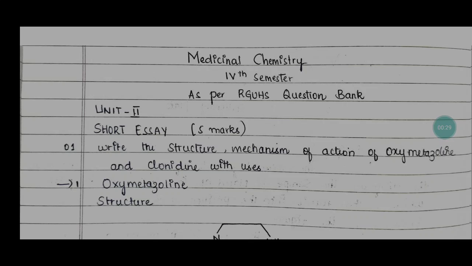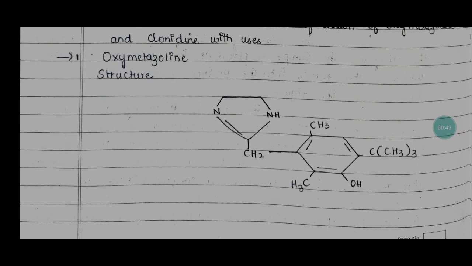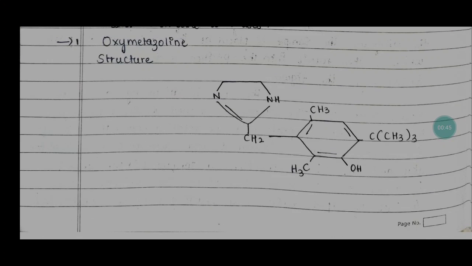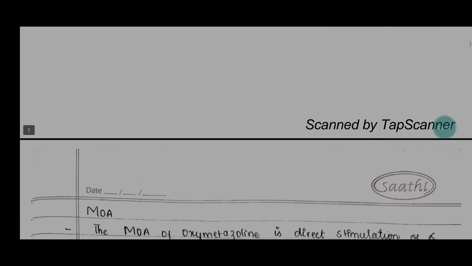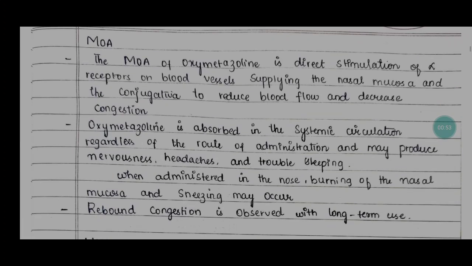So we will start from the first question, that is: write the structure and mechanism of action of oxymetazoline and clonidine with the uses. So the oxymetazoline structure, then the mechanism of action for oxymetazoline.